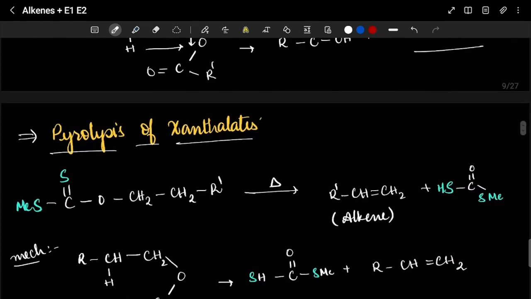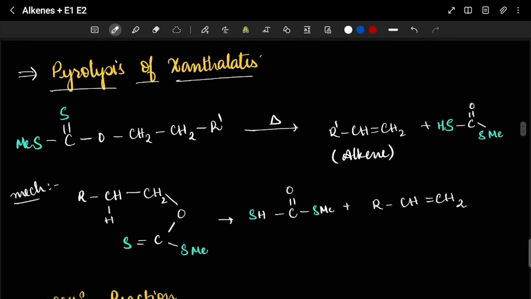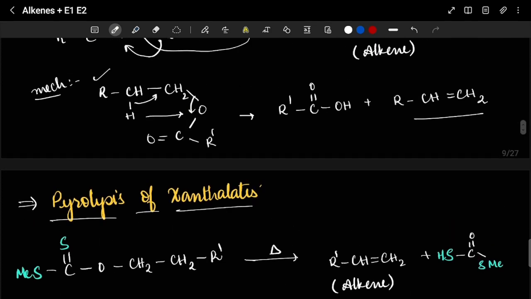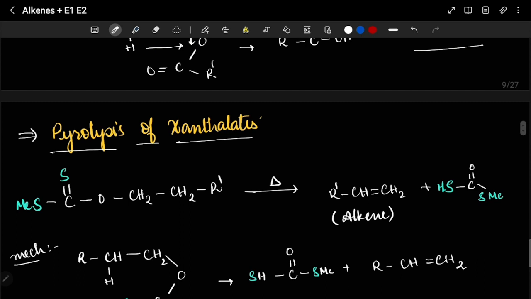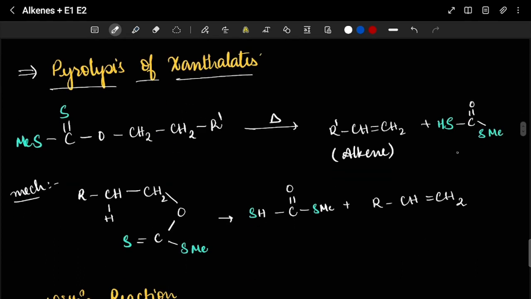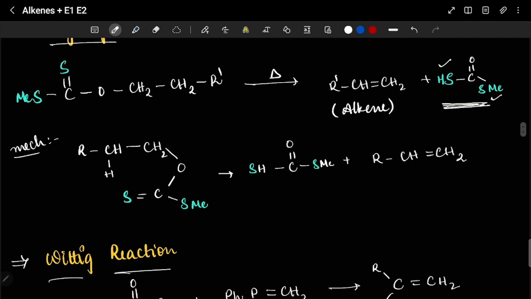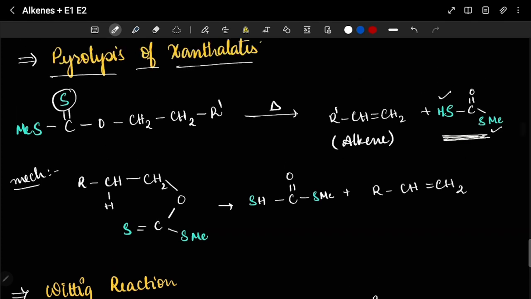So this is pyrolysis of ester, and the same happens for xanthates, just instead of the carboxylic acid, here you are forming this compound. You are getting thiosulfate and methyl sulfide. The mechanism is completely the same. Here you have C double bond S and O, S means sulfur here.